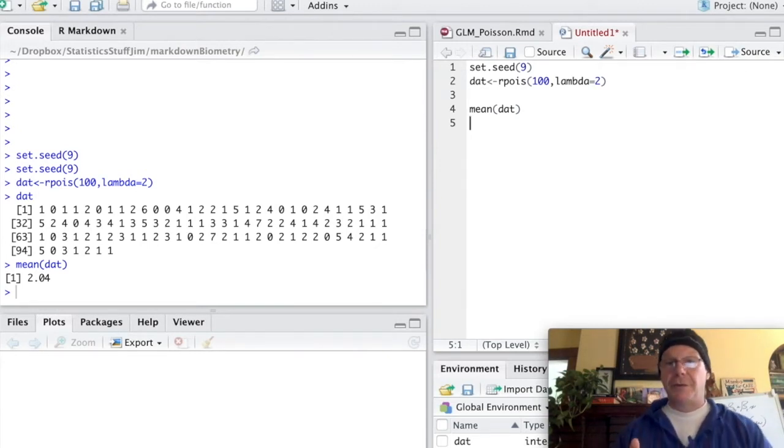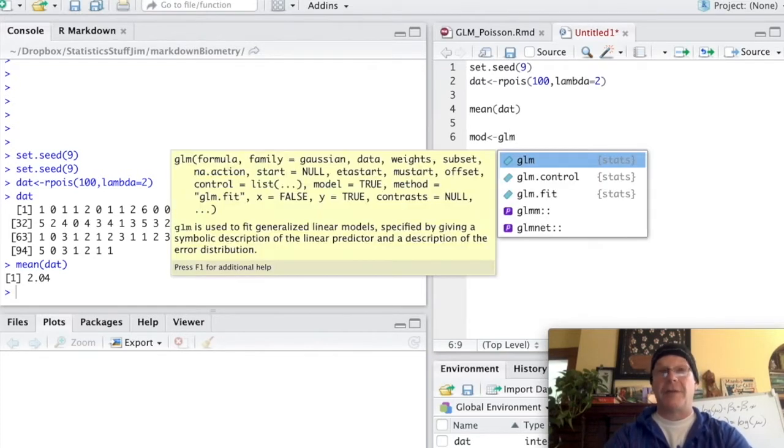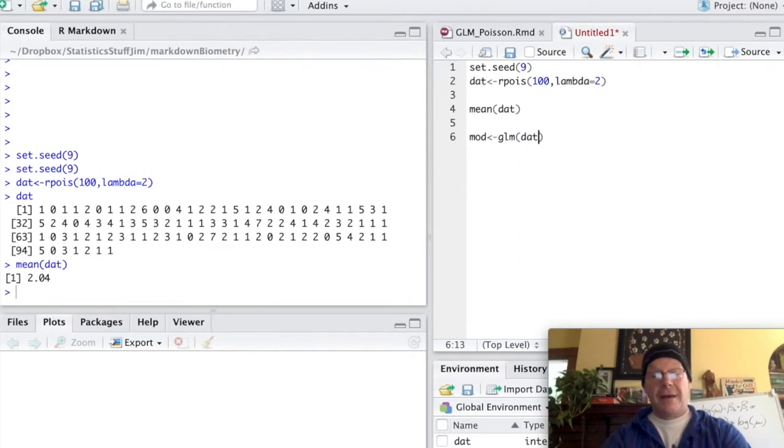So we could also estimate it in a more formal way by popping it into a generalized linear model. So if I were to say mod is going to get a GLM, which is going to tell R I want to do a generalized linear model. And what I'm going to do is just estimate the intercept. So just like when we were playing around with general linear models, if all you do is estimate the intercept, then all you're really doing is estimating the mean.